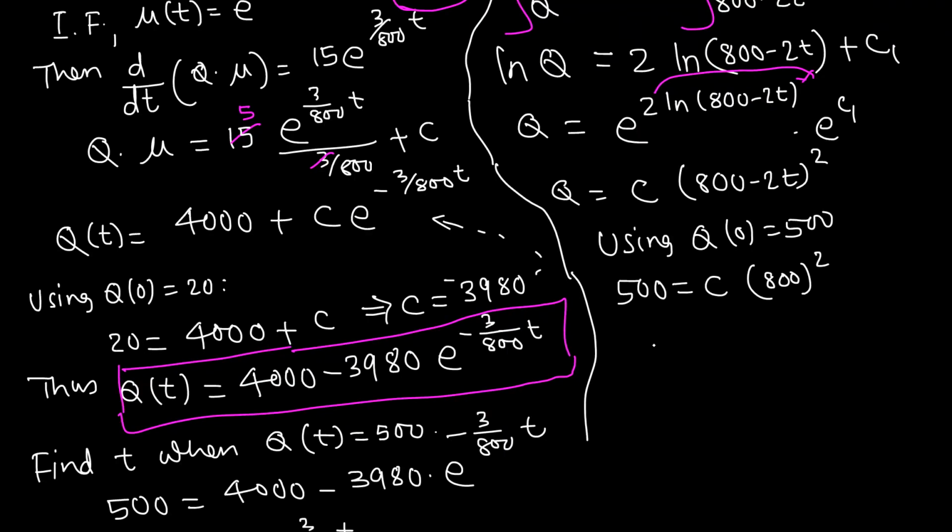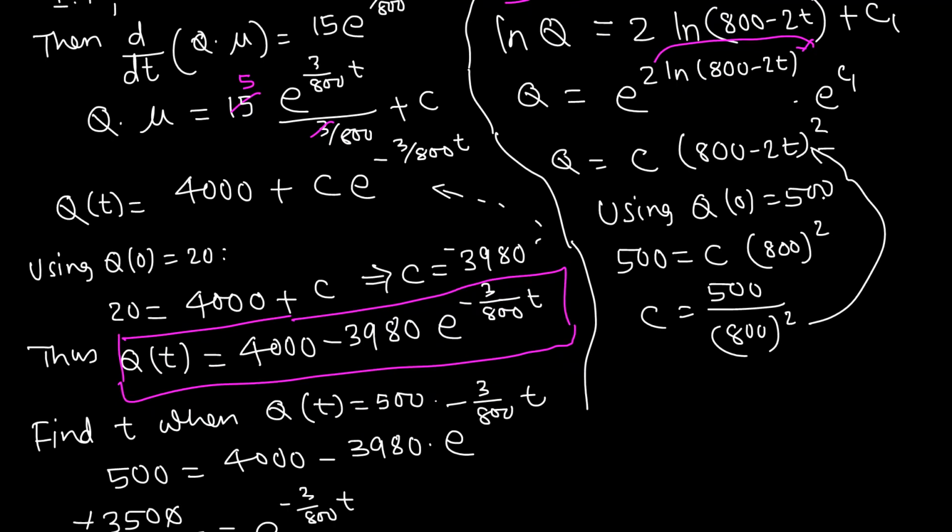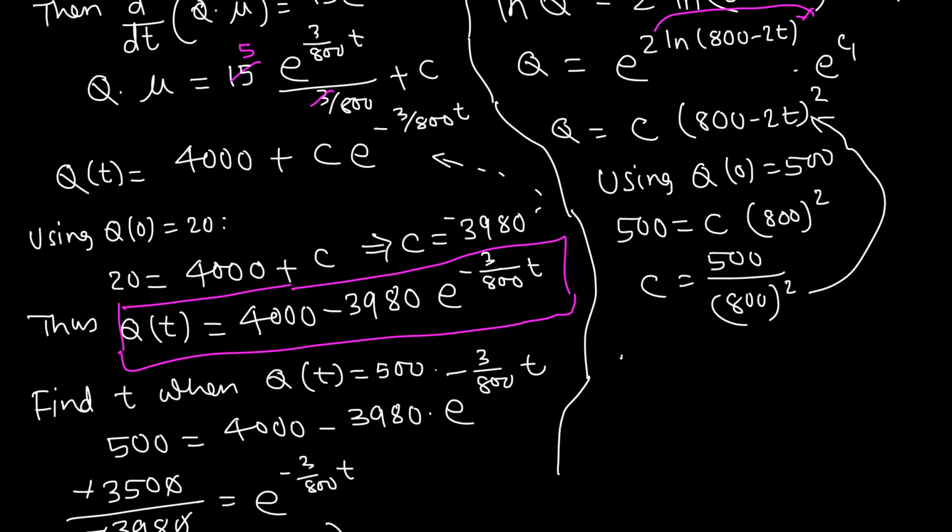So C is 500 over 800 squared. We can simplify, but we'll do that later. Plug back here. So Q as a function of t is 500 over 800 squared times 800 minus 2t squared.